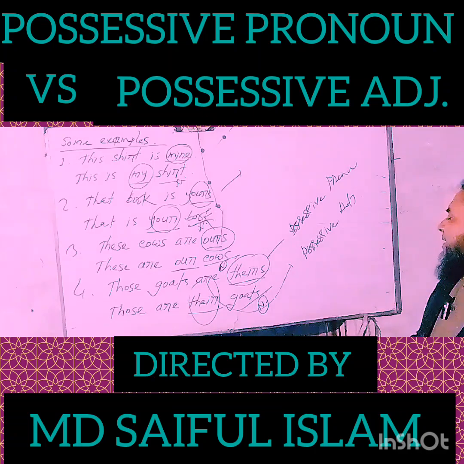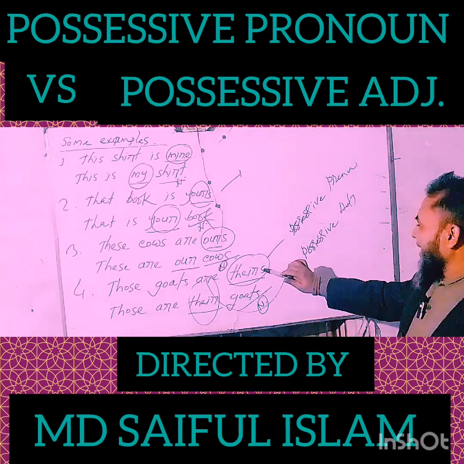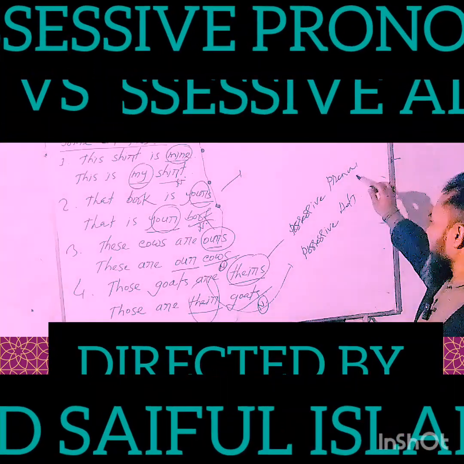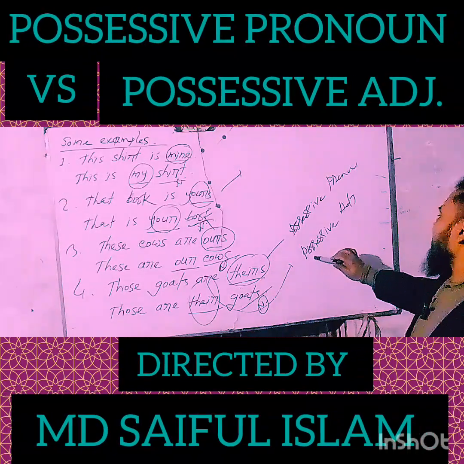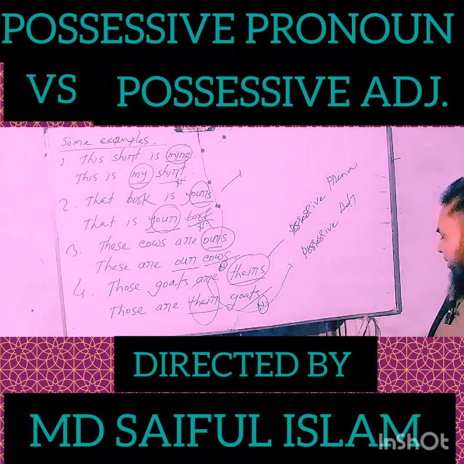In this sense, I can say that theirs is a possessive pronoun and their is a possessive adjective. I hope you have understood clearly.